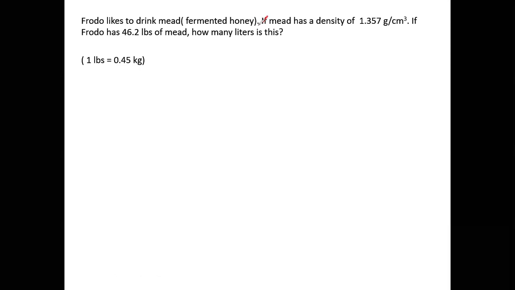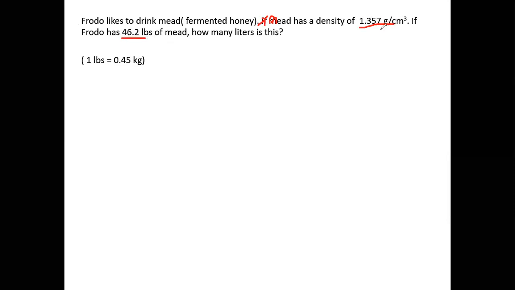A little bit of grammatical error right there. So we want to know how many liters of mead Frodo has, and he has 46.2 pounds. We're given the density and we have the weight of the mead.